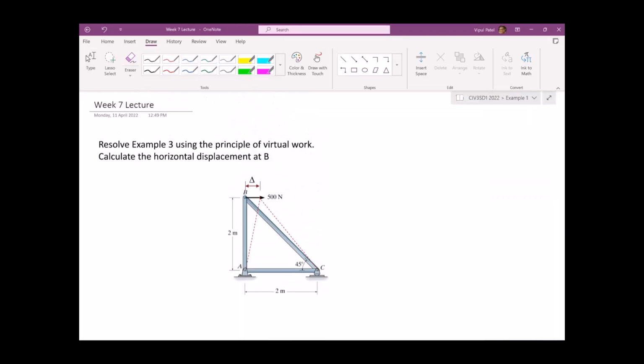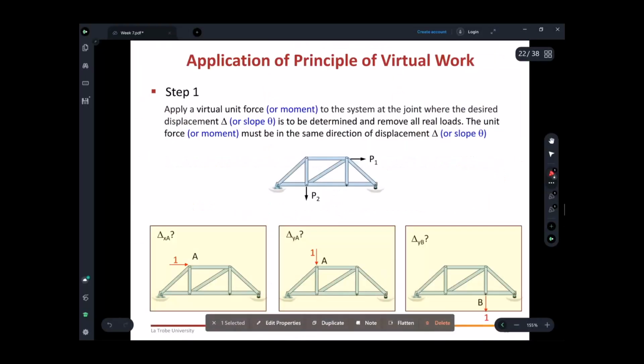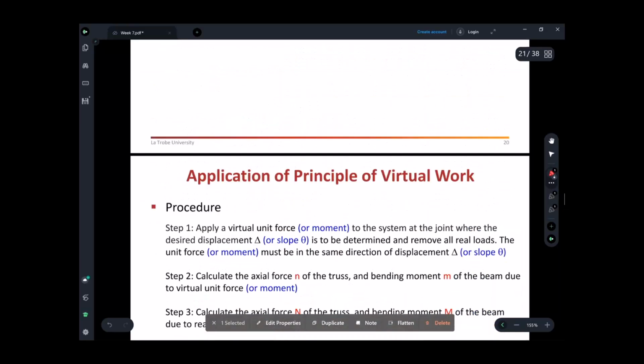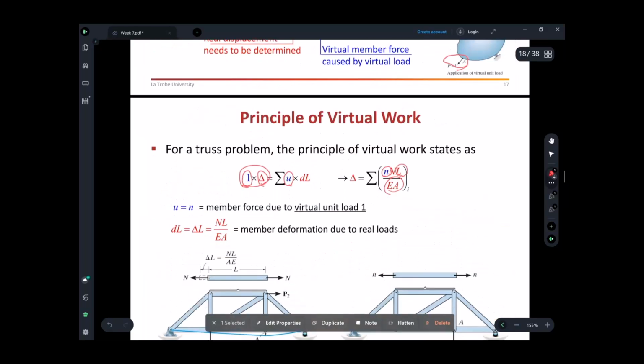All right, so what we need to do is use the virtual work method to find the displacement delta at point B. So what is the formula? I think the formula is given here for the truss. Here you go.